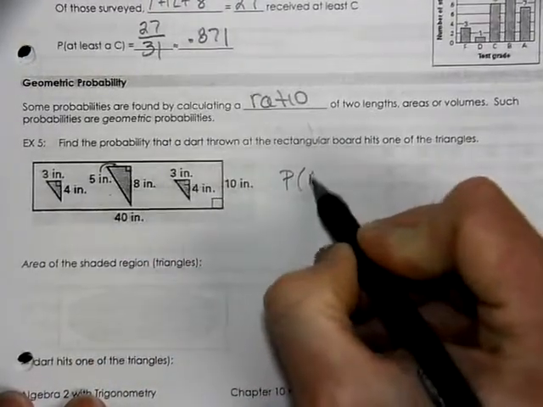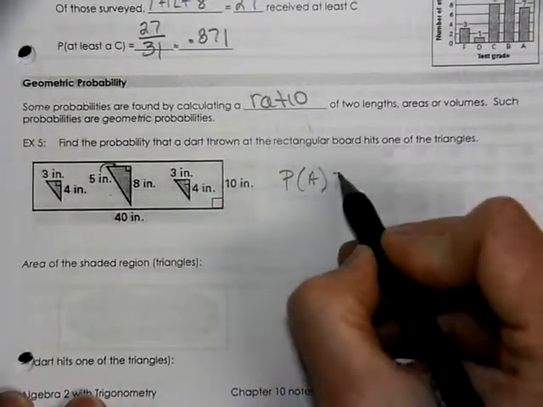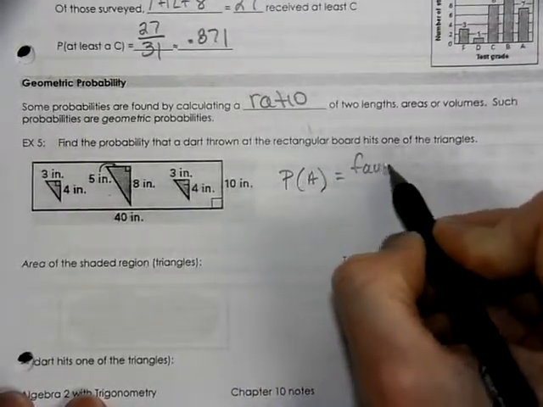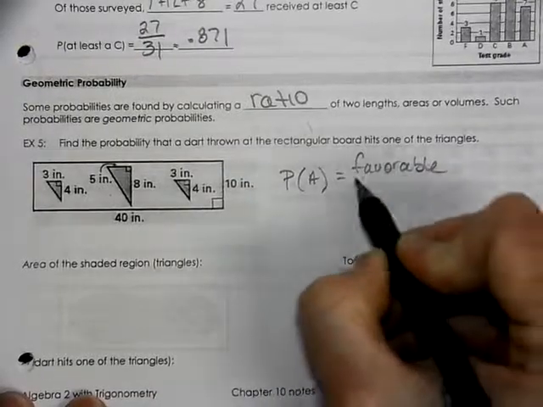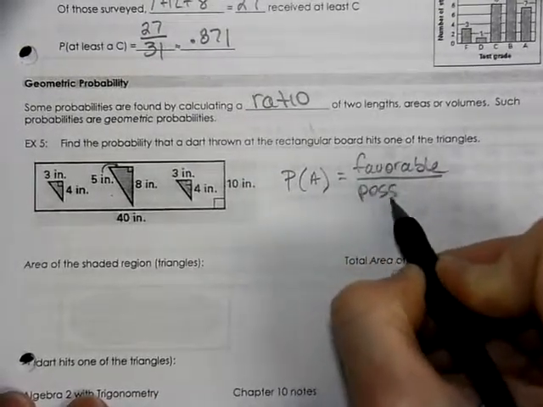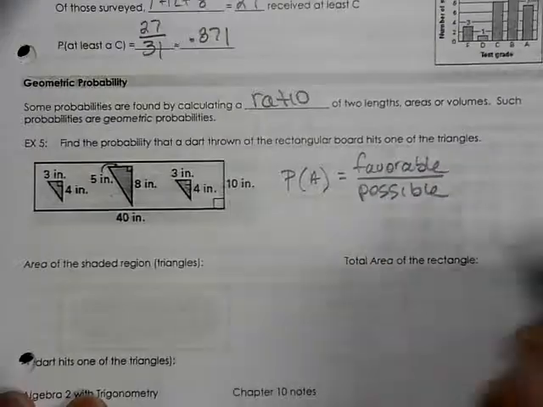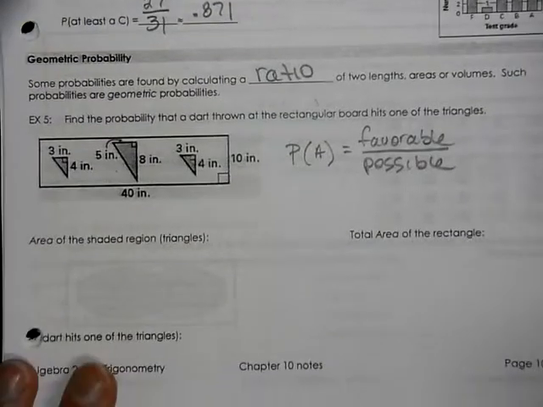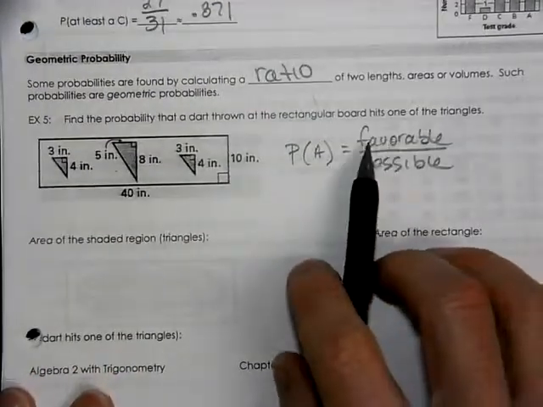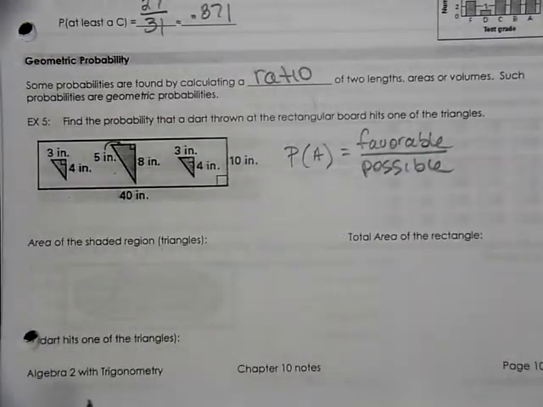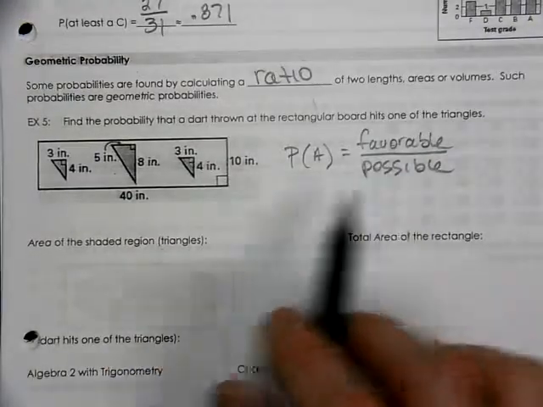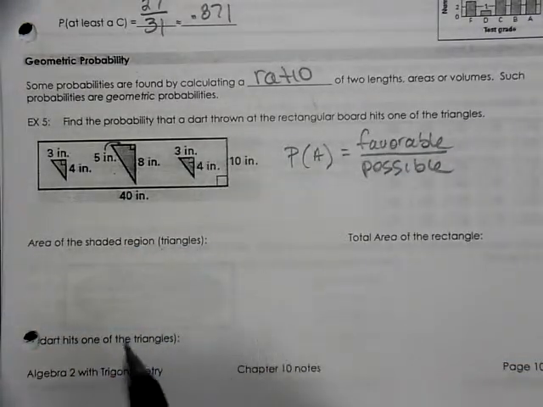Remember, we're looking for the probability of our event to be favorable over possible. So when we do our calculations, we have to look at the favorable for hitting a triangle. Then we have to look at the possible for hitting a rectangle.